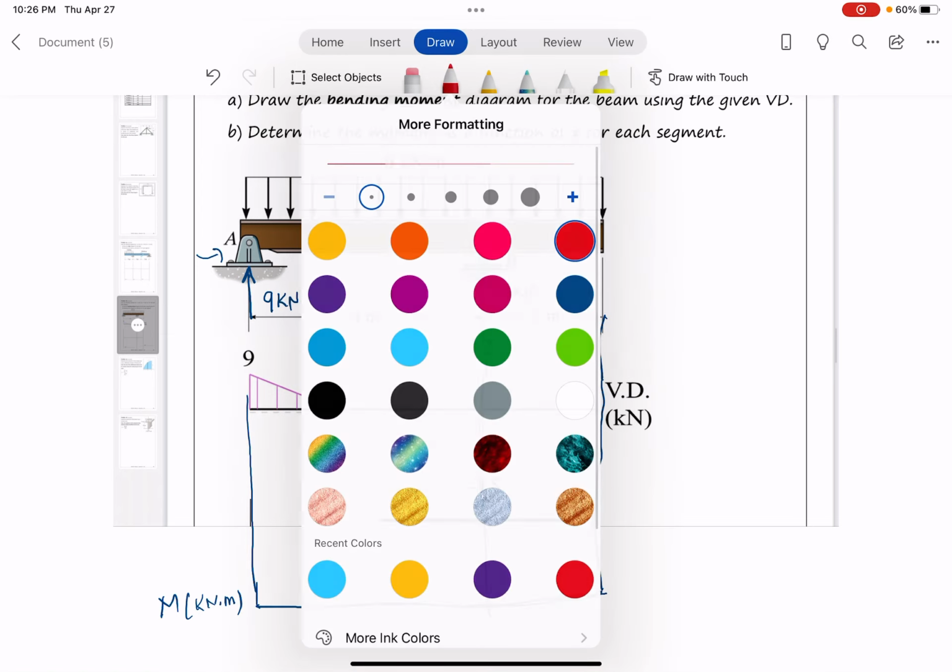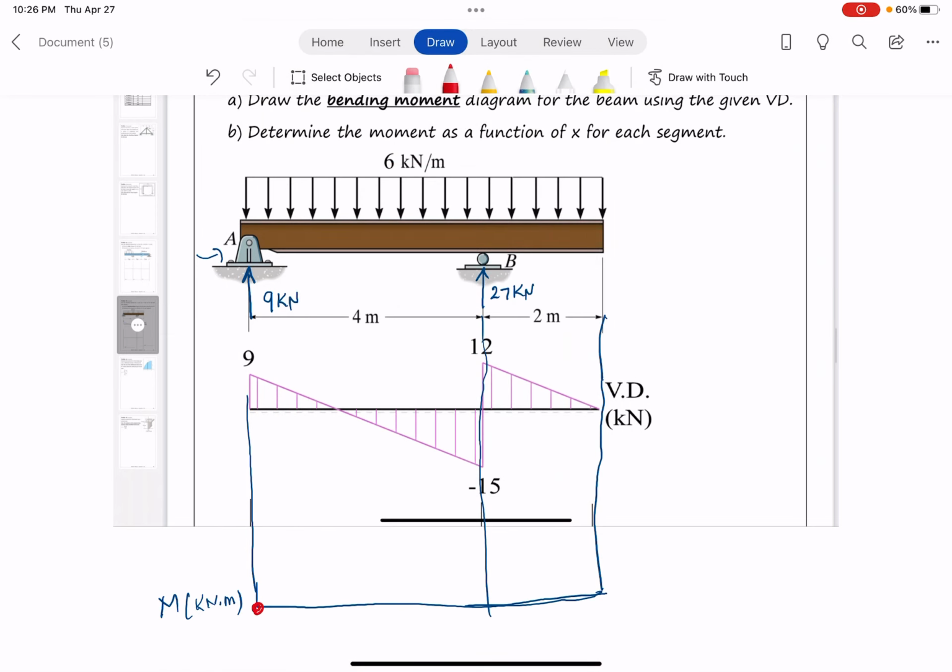Let's have another color. So initially it will start from 0, but here there is a triangle. I'll draw it here. And there is a 0 shear here. And there is another triangle here. There are similarities between this smaller triangle and the bigger one.